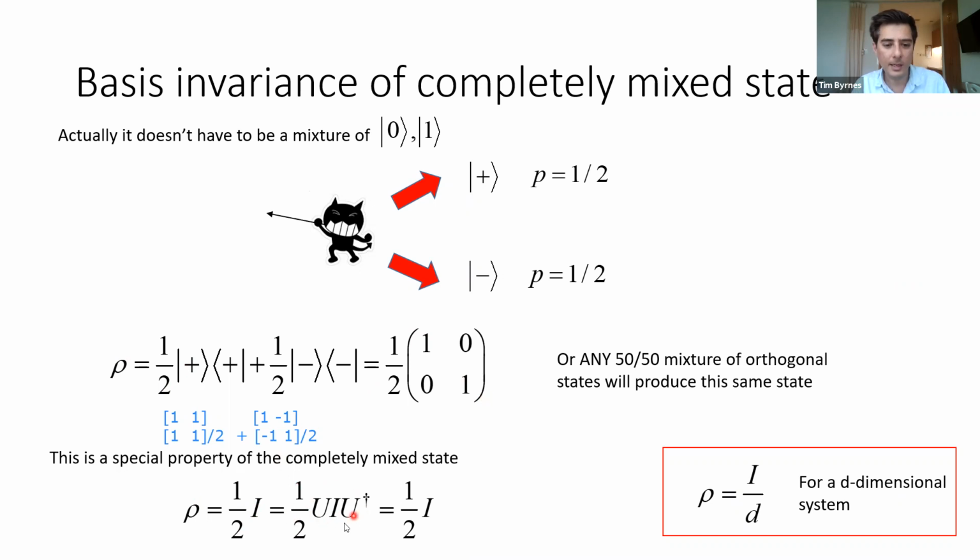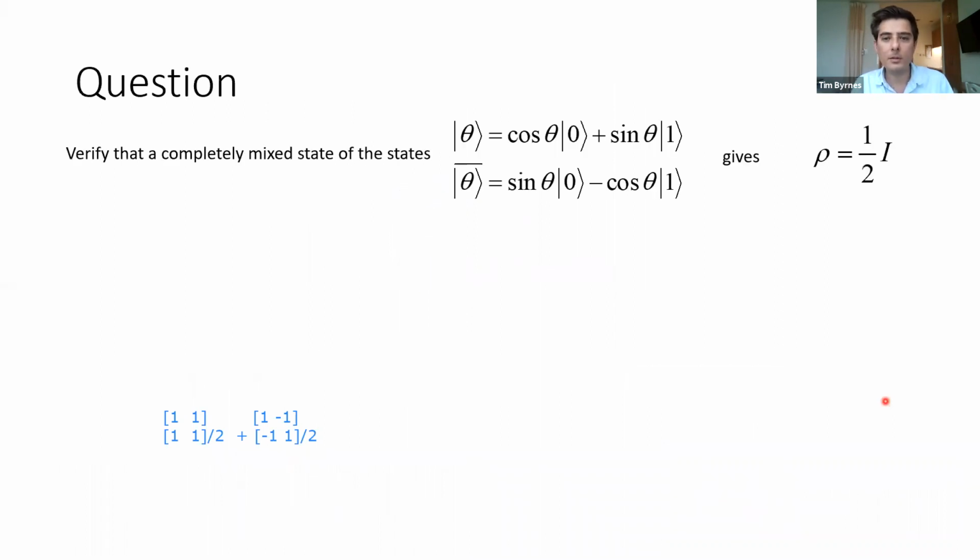Then this state is always still equal to I. That's the case for a qubit, but for a more general, larger system it would still be I over d, and this would also be a completely mixed state for that system.